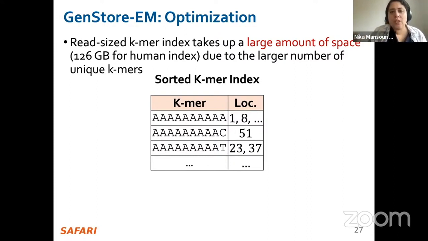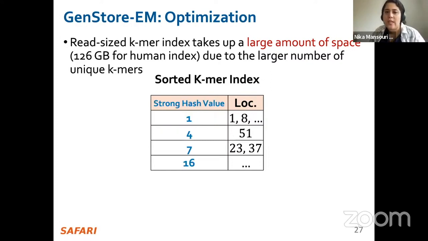So to further reduce the overhead of GenStore-EM, we replace the read-sized k-mers with a strong hash of each read that can act as the sorting criterion and fingerprint of each entry. So these hash values would take a smaller space. And then again, we can use this to sort the reads, right?